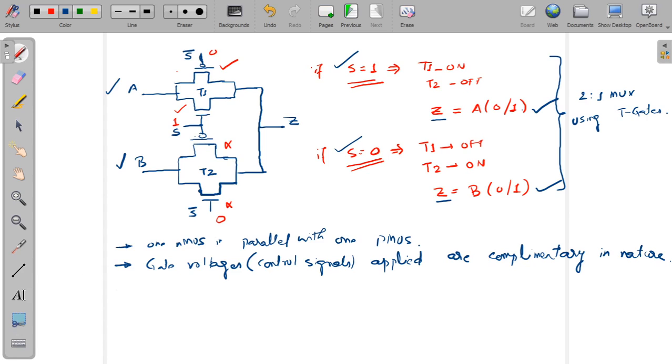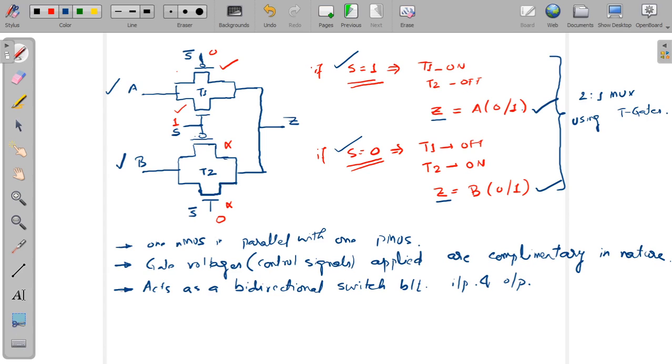Okay, and it is basically acting as a switch, and actually it will act as a bidirectional switch between input and output. So it means that the signal can flow in either direction. It can flow from input to output, and also it can flow in the opposite direction.